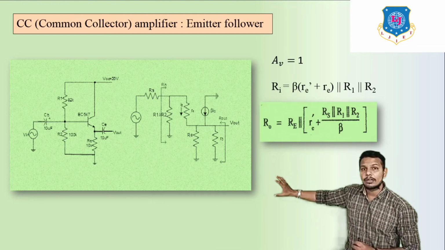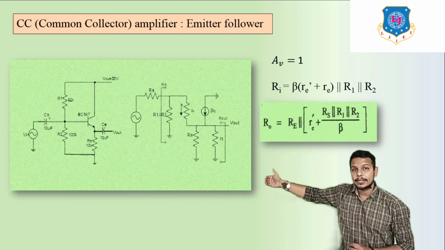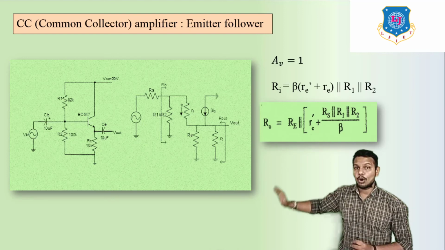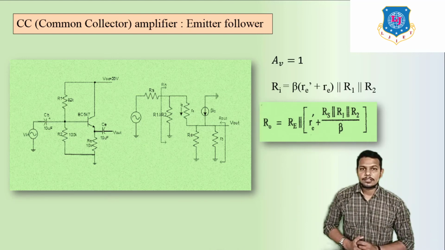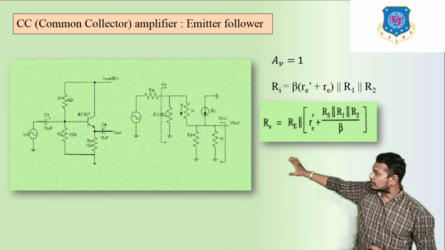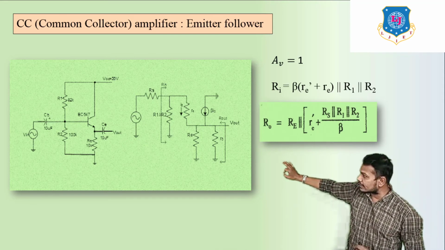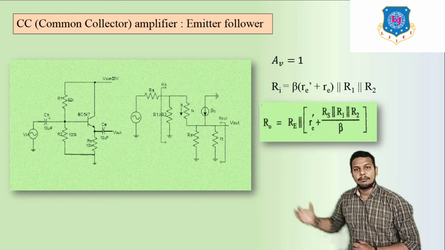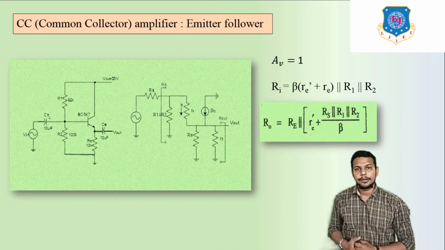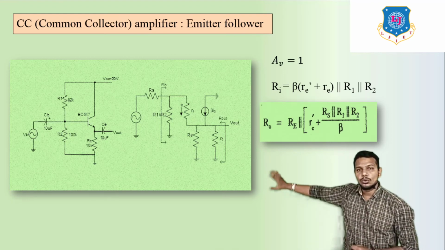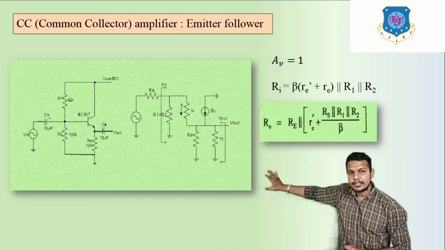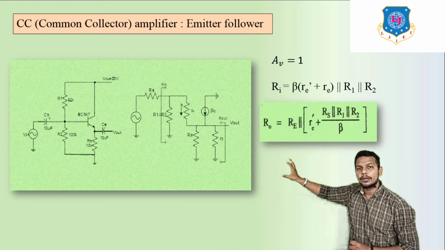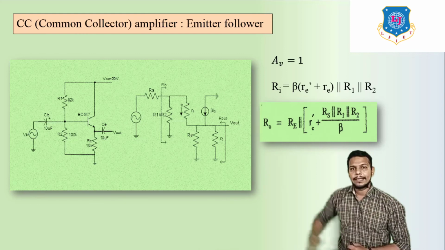First we have to convert it into the AC equivalent circuit. Here we can see the AC equivalent circuit with the help of the pi model. For the AC equivalent circuit, we remove all capacitors from the main circuit diagram because they become shorted. Then we draw the AC equivalent circuit using the pi model, and instead of the NPN transistor we put the pi model like this.